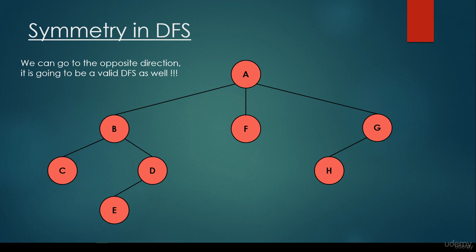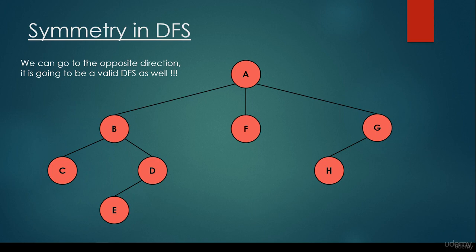So basically we can go to the left and we can go to the right, it doesn't matter. But if we implement it so that we go to the left, then we have to be consistent and we have to go to the left as far as possible. If we decide that we go to the right, we implement our depth first search like that. It's okay, it's going to be a valid depth first search implementation, but we have to be consistent.